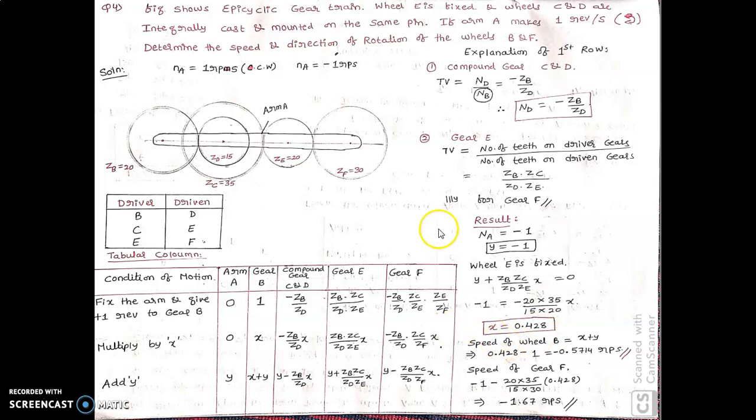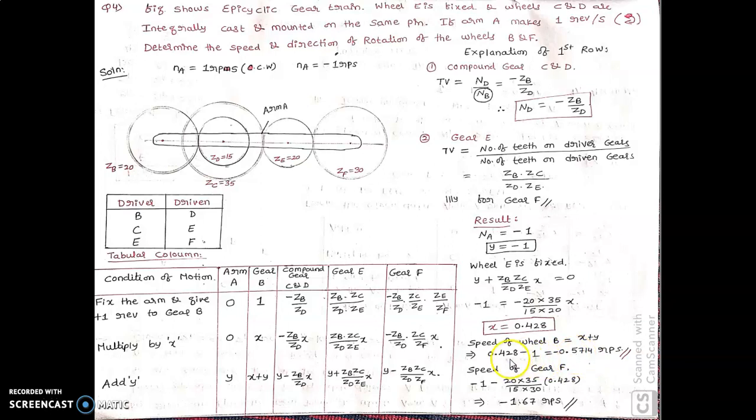Now we need to find the speed of wheel B. It is x plus y. x we already know and y is also known. 0.428 minus 1 is negative, and minus indicates it is rotating in the clockwise direction.